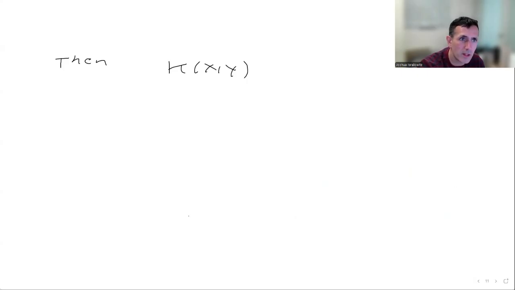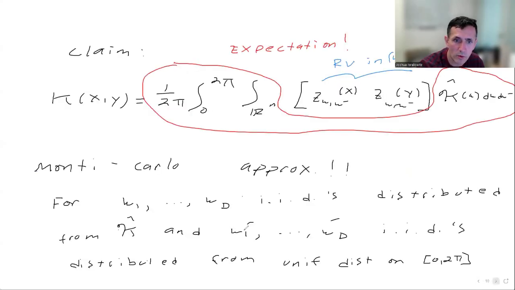I'll write it like this. This equals this expectation in omega prime, where this is from this distribution omega, and omega prime is uniform.